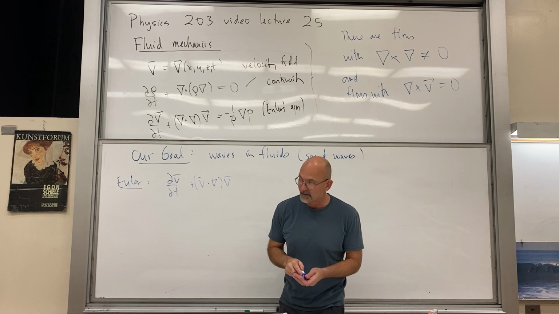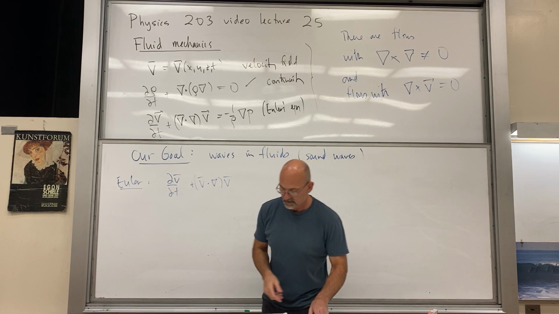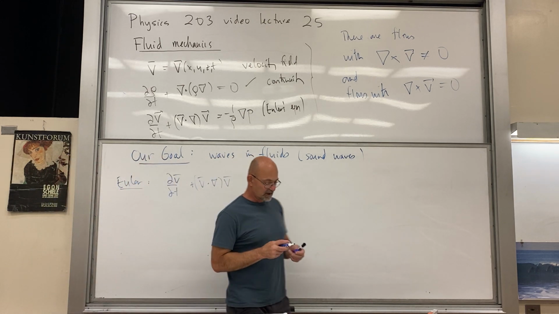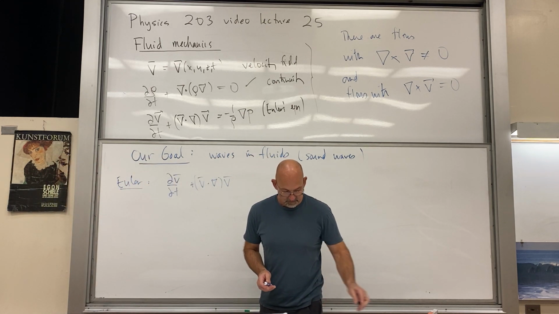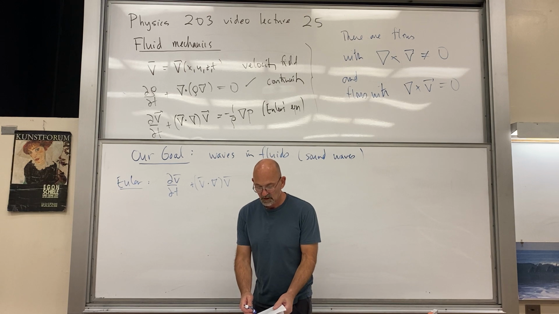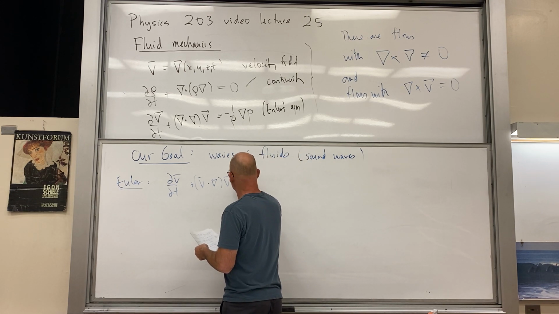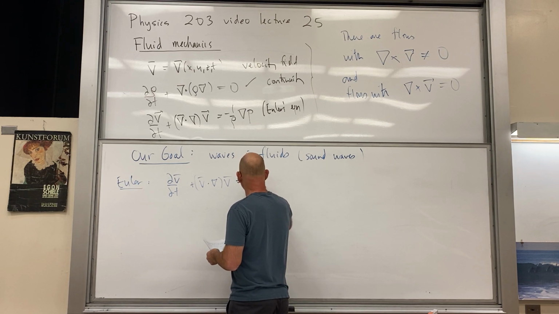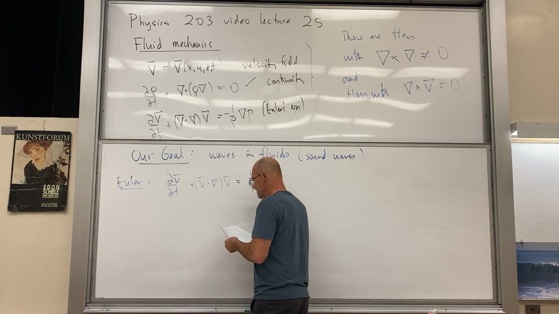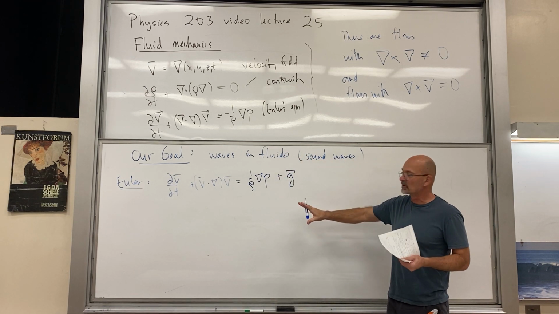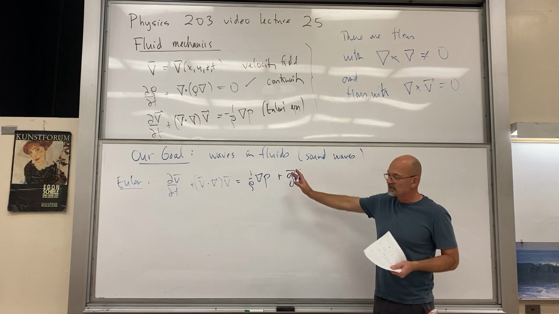Let's get a pen that writes here. Okay, let's try this. Yeah, there we go. Minus 1 over rho gradient of P plus G, right? We said if we're in an external field, we add the external field, and of course it's often gravity.